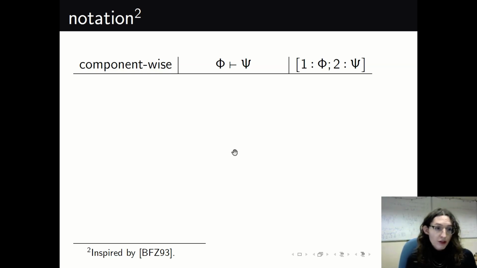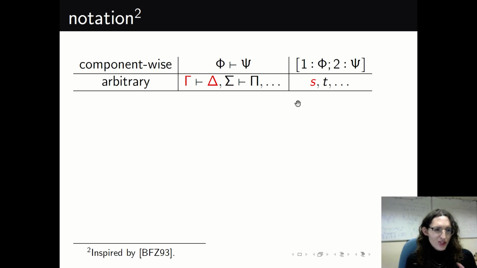Firstly, we have a component-wise way of expressing sequents. So for a sequent between multisets phi and psi, we will be writing in the first component all of the formulae in phi, and in the second component all of the formulae in psi. So we just specify what's on the left and what's on the right, and we'll call that the first and the second component of the sequent.